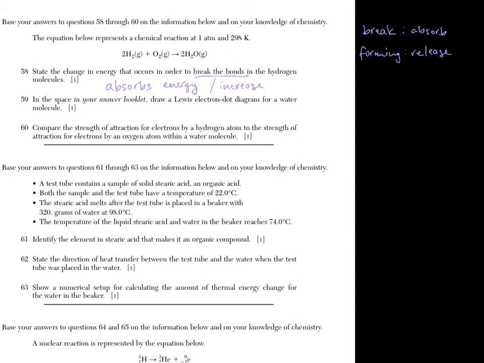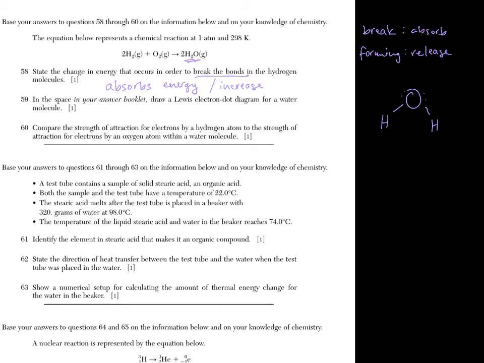Okay, number 59, we have to draw the Lewis electron dot diagram for a water molecule. Okay, so water is H2O. We start with oxygen in the center, single bonds to hydrogen. And we have to make sure that oxygen has a stable configuration with the octet.